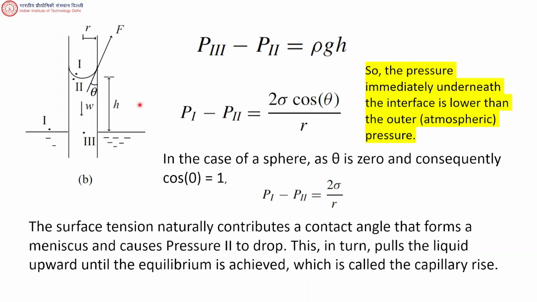So it pulls the liquid so that you get this column. How much will it pull? What will be the height h? It is until it finds this kind of balance, until it balances all the forces. So this is what is happening due to surface tension. We called this the capillary rise.